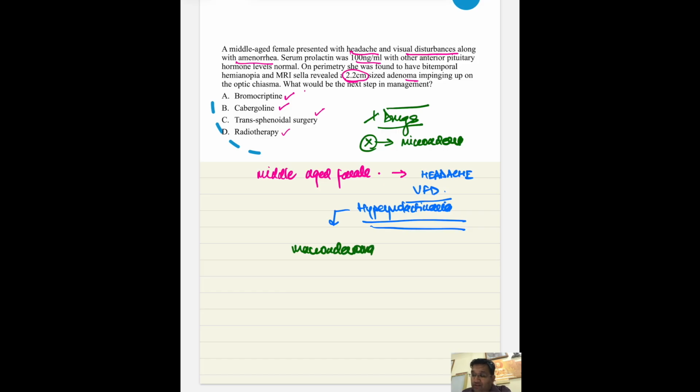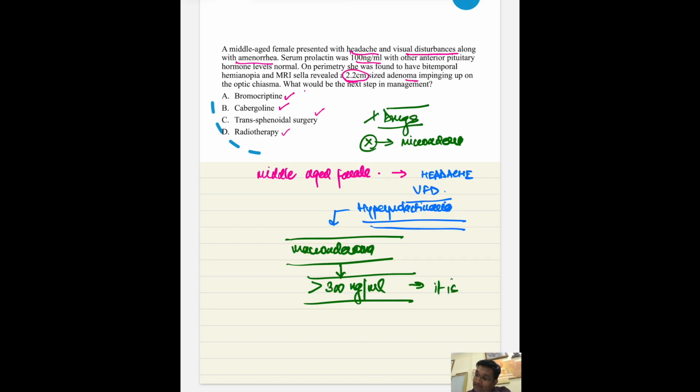Williams states that if the secretion is more than 300 nanogram per ml, then it is prolactinoma, or prolactin secreting adenoma, until proven otherwise, and more than 500 is without a doubt prolactinoma. That is not the case here. The other thing is, the other anterior pituitary hormones are normal.